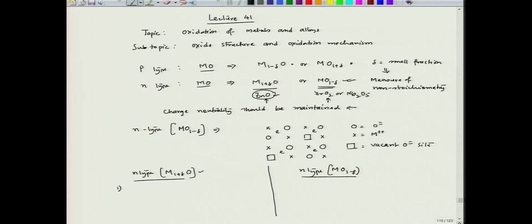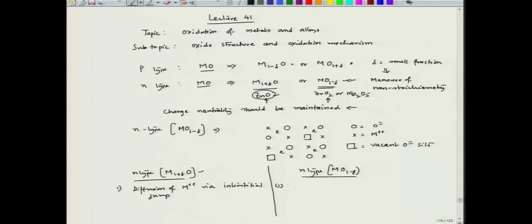So, the first case is diffusion of M2+ via interstitial jump.